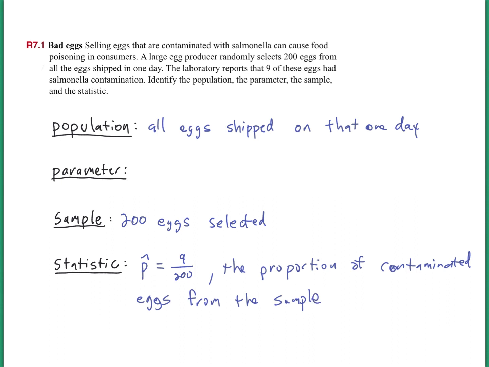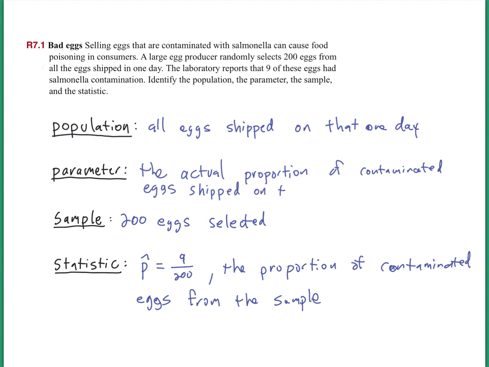Okay, and then the parameter is the true proportion of contaminated eggs in the population. The actual proportion of those that were shipped on that particular day.